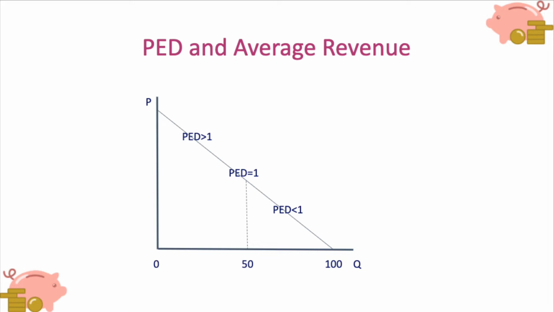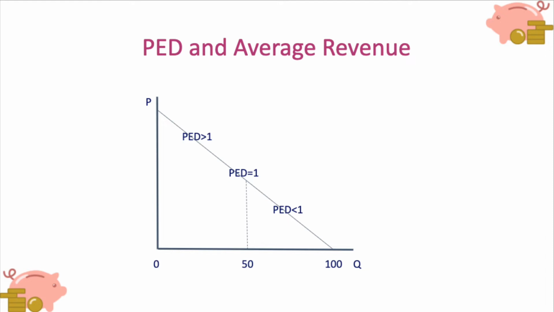So if we go right to the top of the average revenue or demand curve where it cuts the y-axis, the PED will be infinite. Then as we move down through the top half of the average revenue curve, the PED is greater than 1, relatively elastic up there.